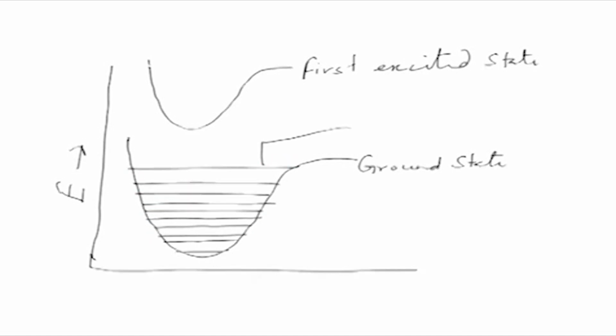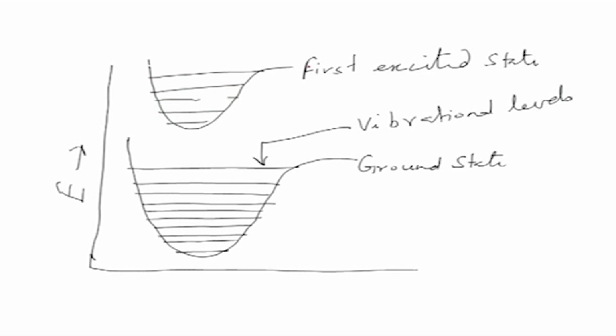These are called vibrational levels, and these vibrational levels will exist in the excited states also. Here we have shown you the first excited state and they will be in here also.